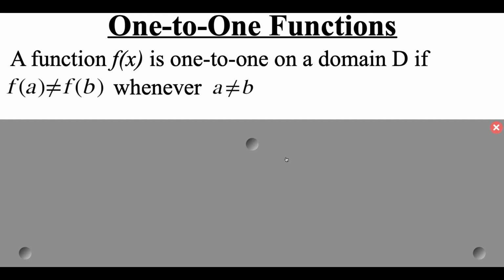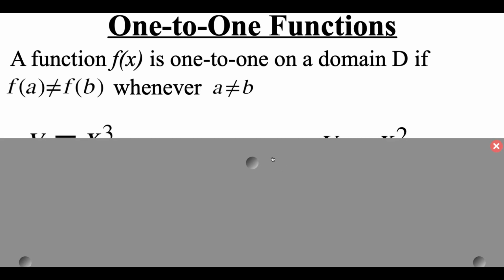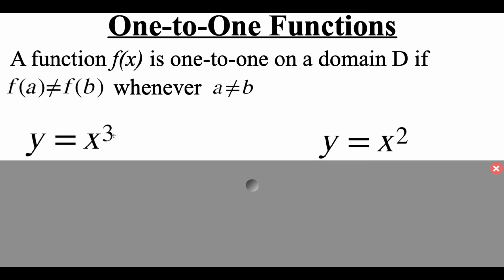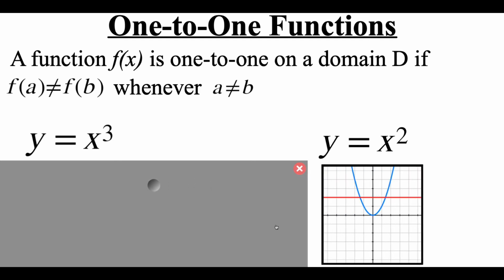Now visually, there is a test that we can use, so let's talk about a couple of graphs. We're going to look at the graph of y equals x cubed and y equals x squared. I'm going to do y equals x squared first. We know that one is a parabola shape, and on this parabola we repeat output values for specific places on that graph.